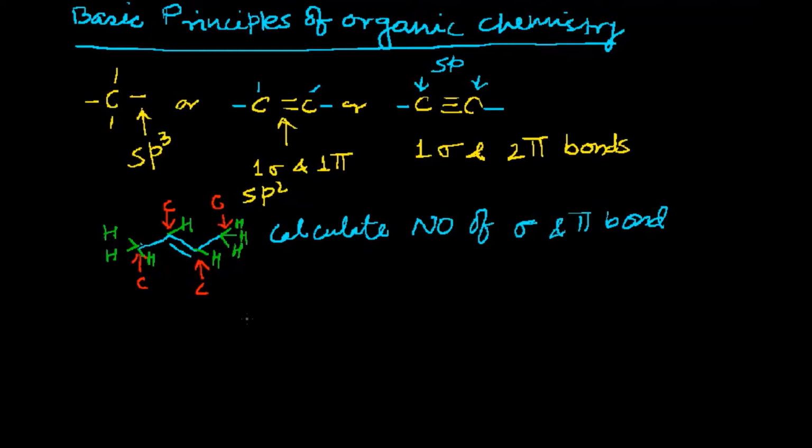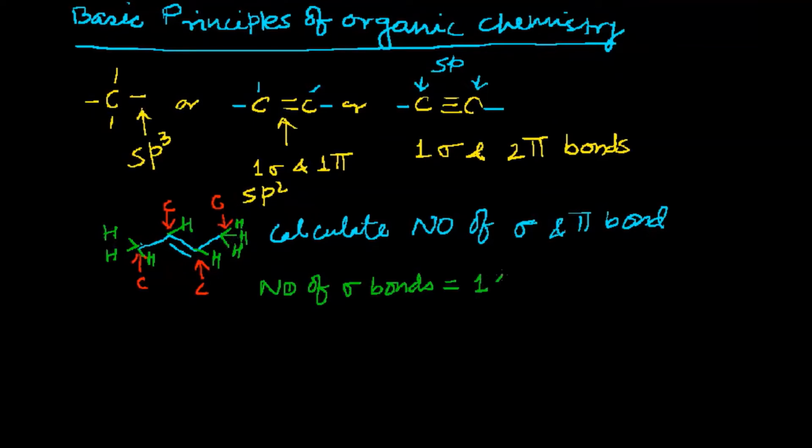Based on this, if we have to count the total number of sigma and pi bonds, the number of sigma bonds is equal to, we can see here 1, then 2, 3, 4, 5, 6, here it is 7, 8, 9, 10 and 11.